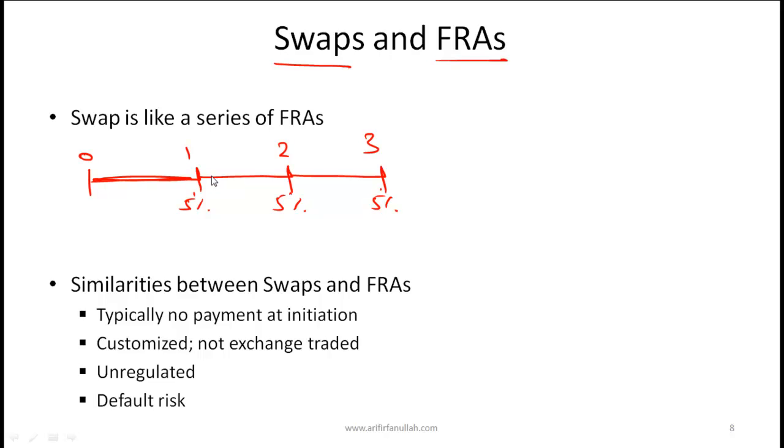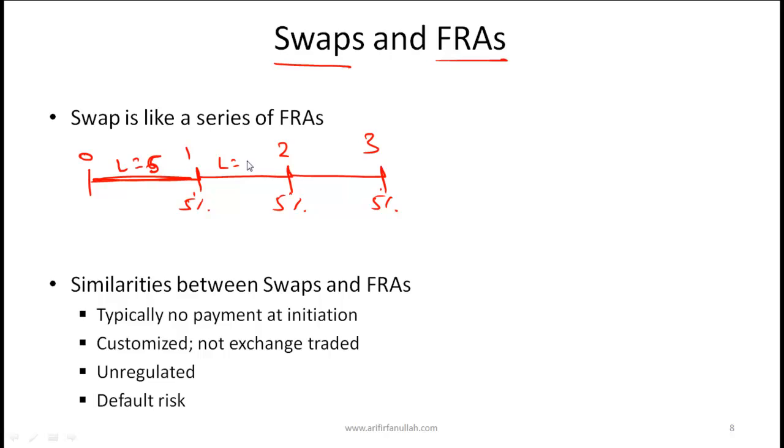For period 1 you make a payment of 5%, for period 2 you make a payment of 5%, and for period 3 you are making a payment of 5%. Now obviously this 5% needs to be compared with LIBOR. Essentially, let's assume that initially LIBOR is 5%, and then in the subsequent periods, LIBOR goes up.